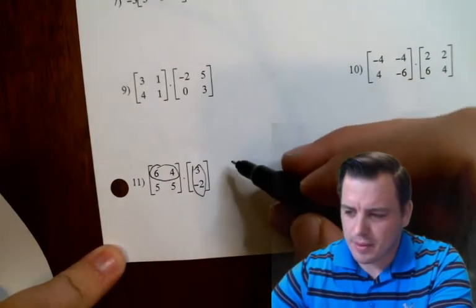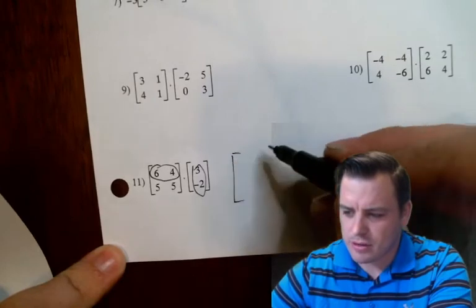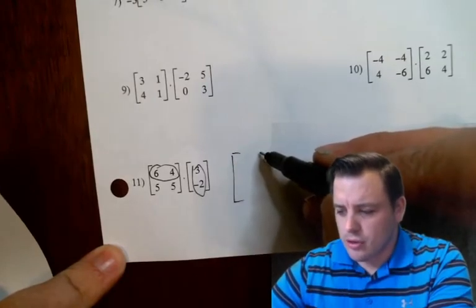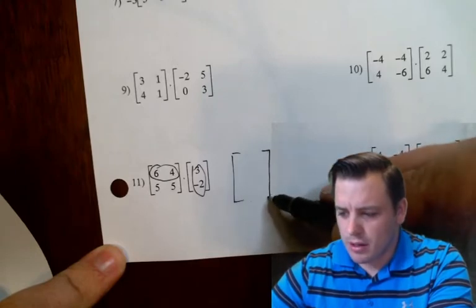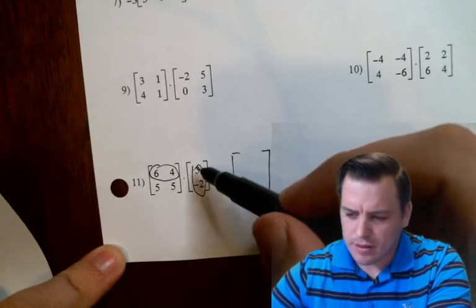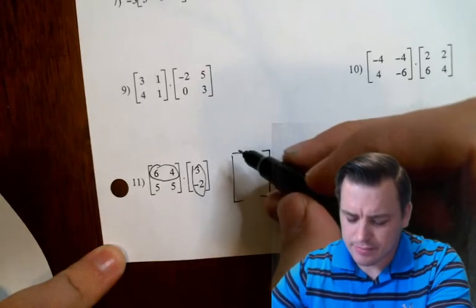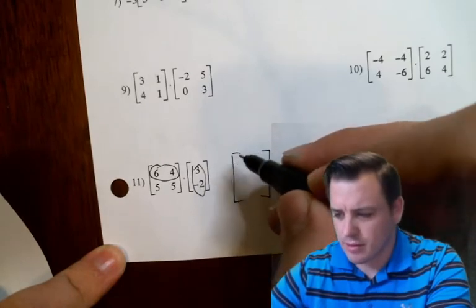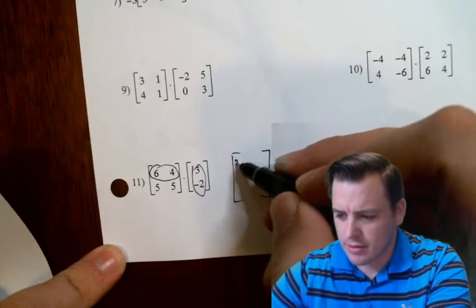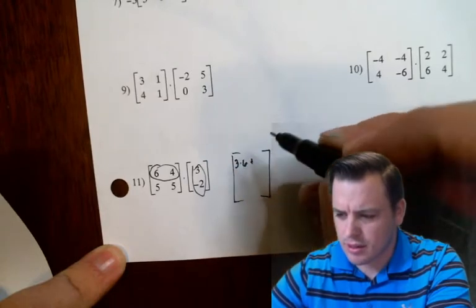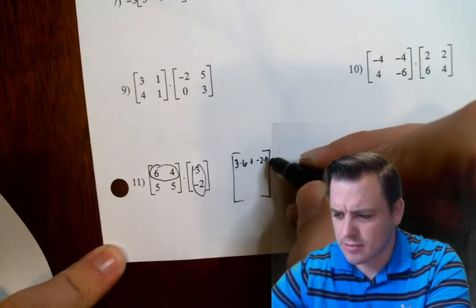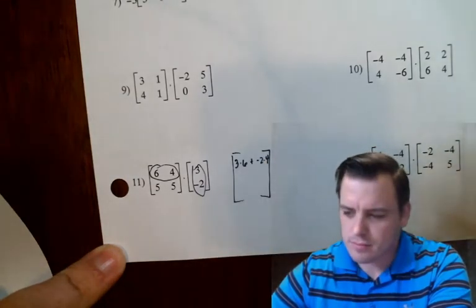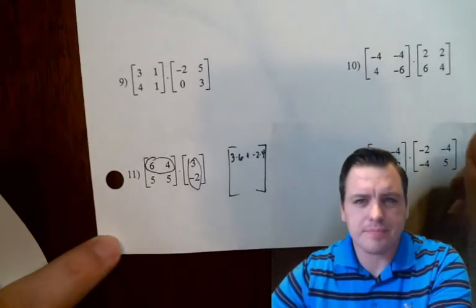And you're going to end up with a 2 by 1 column, and you're going to get the top one by saying 3 times 6 plus negative 2 times 4. Yeah, there you go, Bernice, that's right.